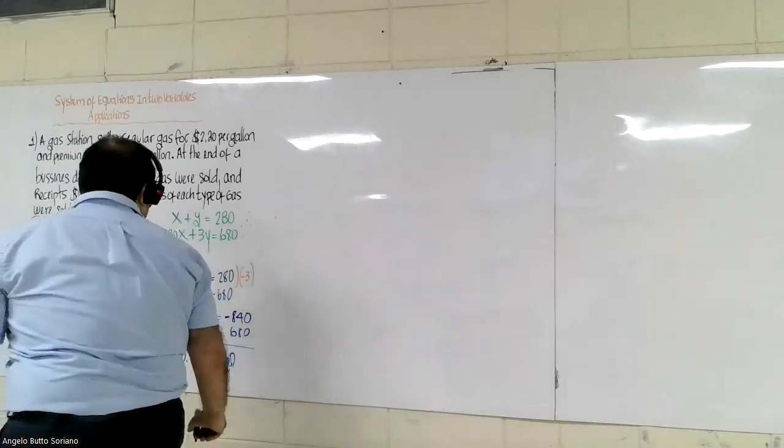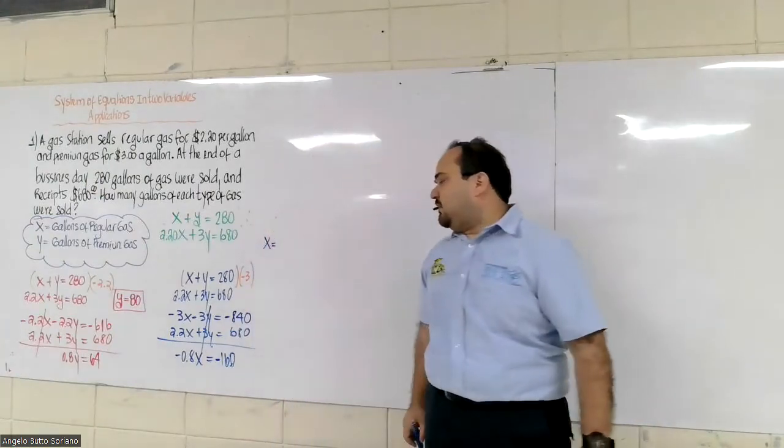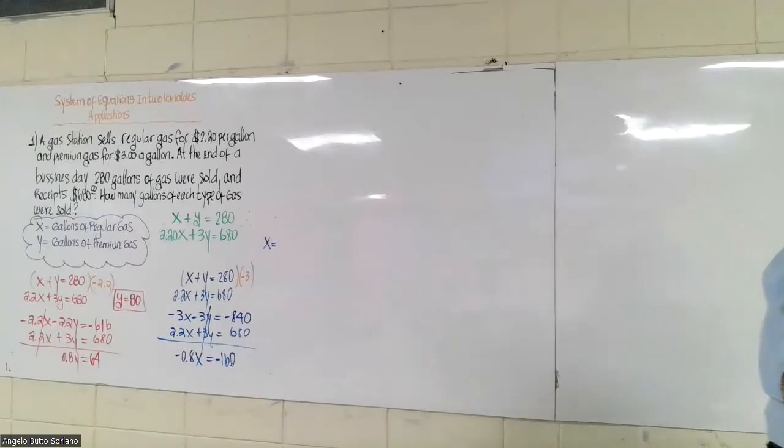And because we are looking for the letter x, that will be equal to negative 160 divided by negative 0.8, 200.